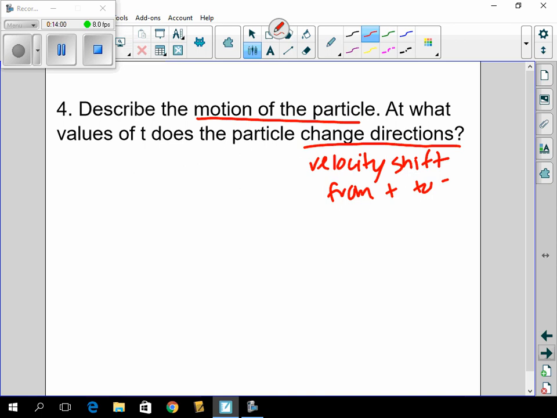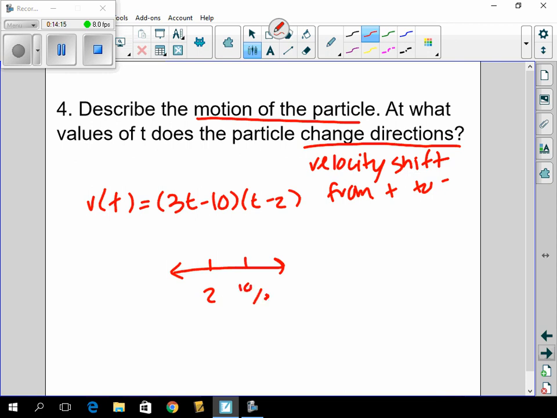So I'm going to go ahead and make a sign chart. Again, my velocity, I'm going to keep my simplified version, 3t minus 10 times t minus 2. My critical points, where it was at rest, so where it stopped, were 2 and 10 thirds. So I'm going to look at what happens on either side and in between to get an idea of whether it's moving right or left.